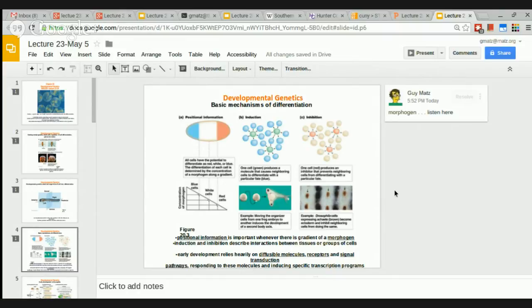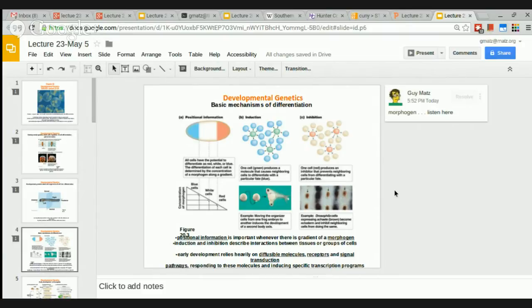A single cell can produce a molecule that diffuses nearby and will inhibit neighboring cells from differentiating with a particular fate. So these are the three important types of interactions occurring in development: positional information, induction, and inhibition.